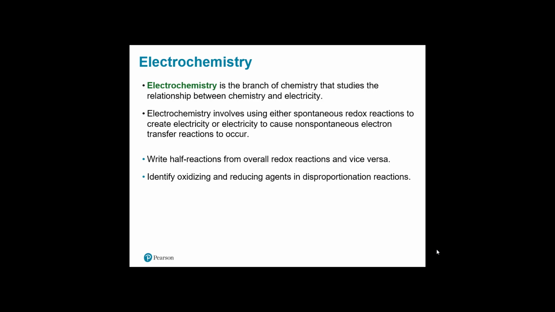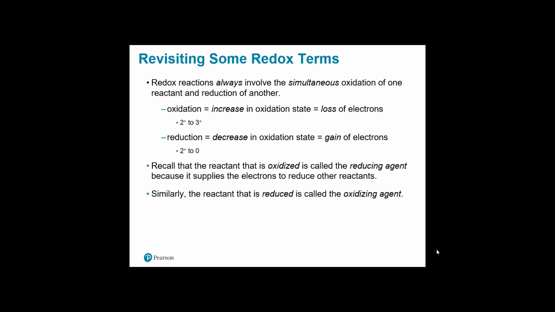Redox is just a fancy short term for reduction and oxidation reactions. And identifying oxidizing and reducing agents in, I know I'm not saying this right, disproportionation reactions. So we'll cover that. Okay, so here's my review to give you guys an example.